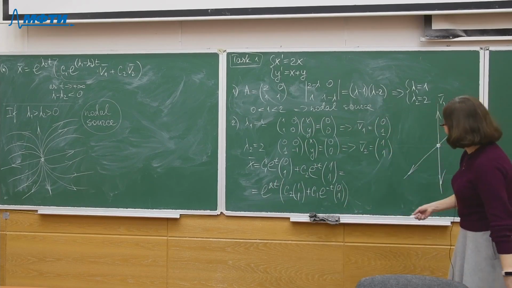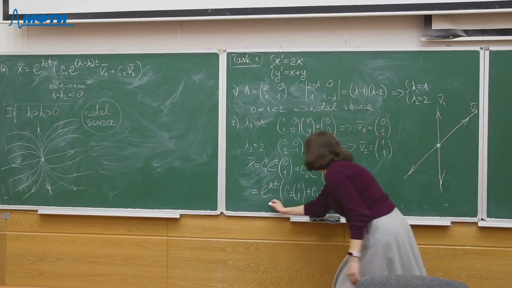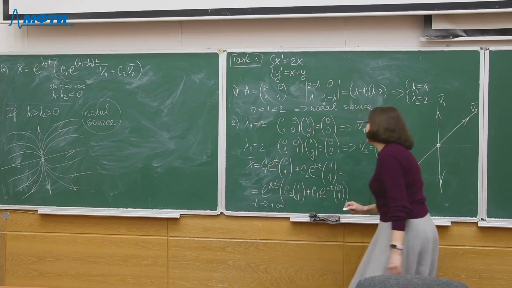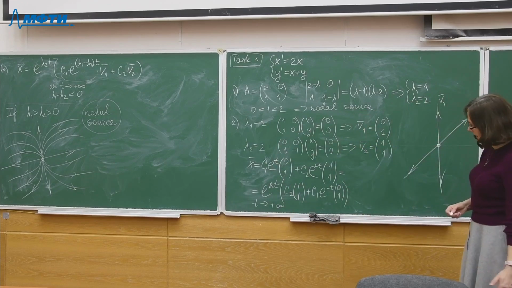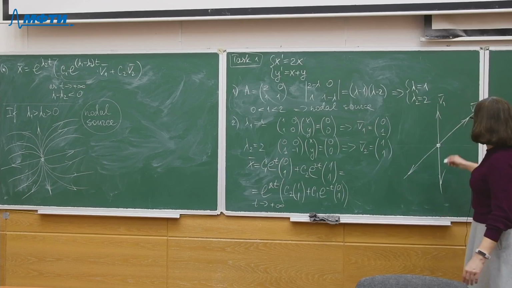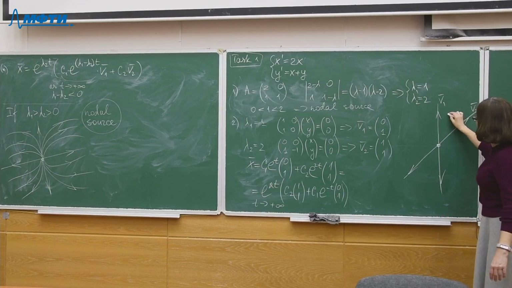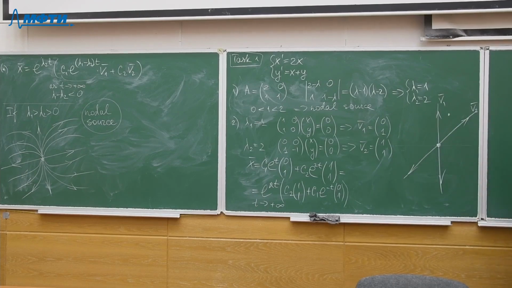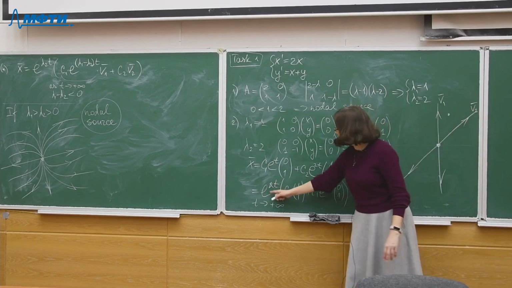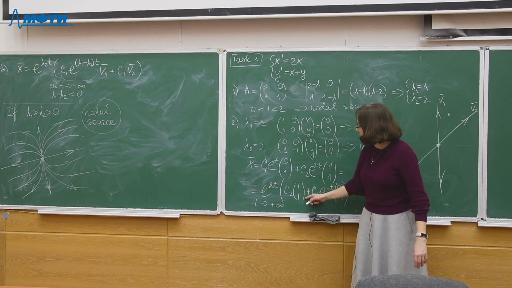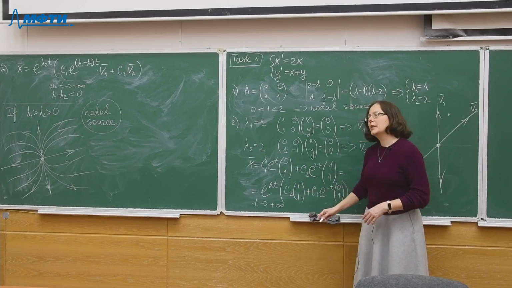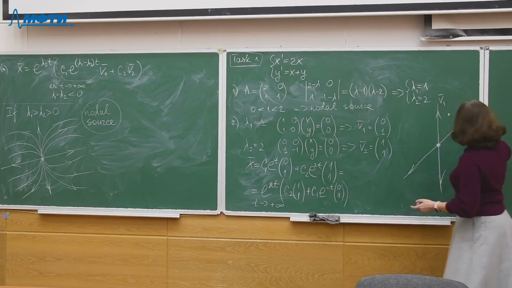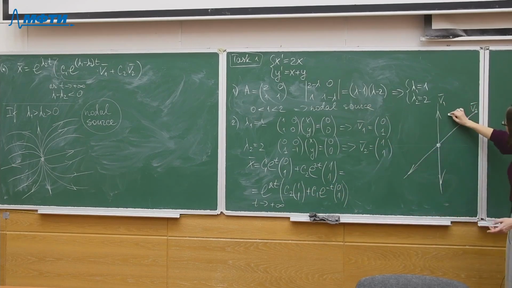So as t approaches positive infinity, if we start from this point, the behavior will be that it will tend to the line through (1, 1), as t approaches positive infinity, so in this way.